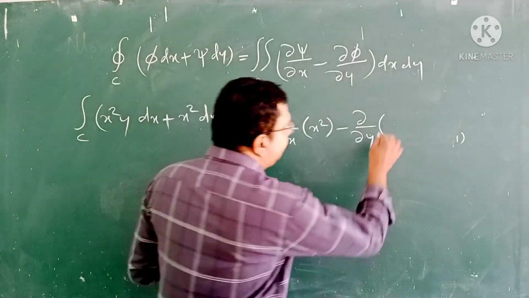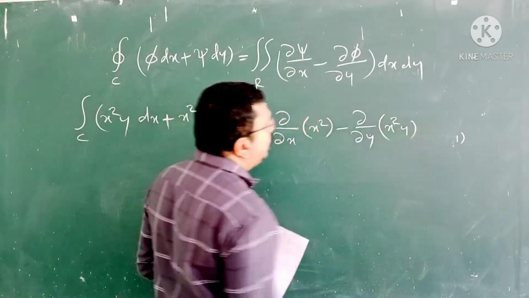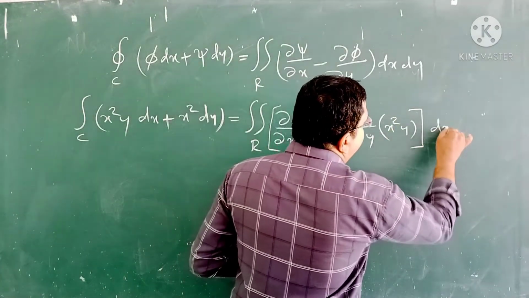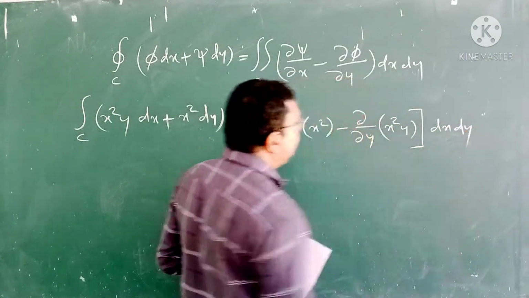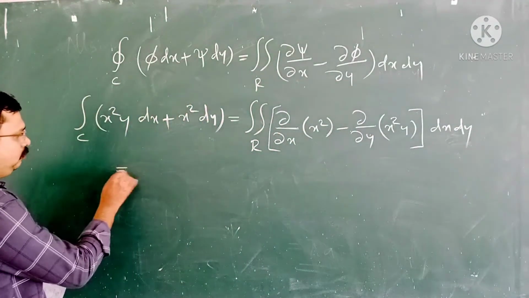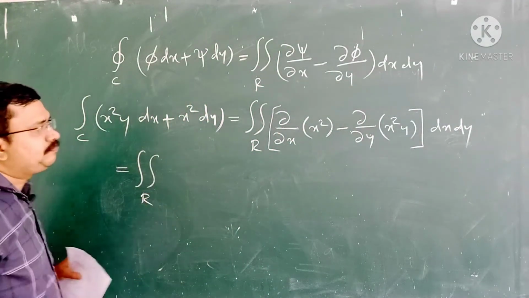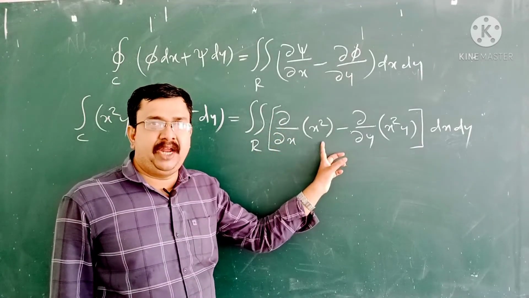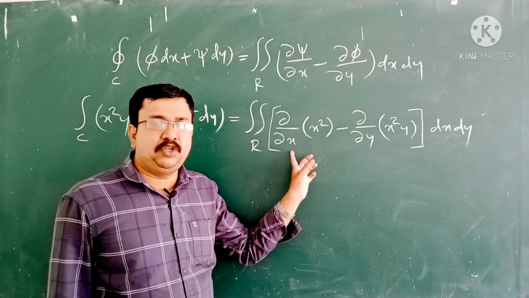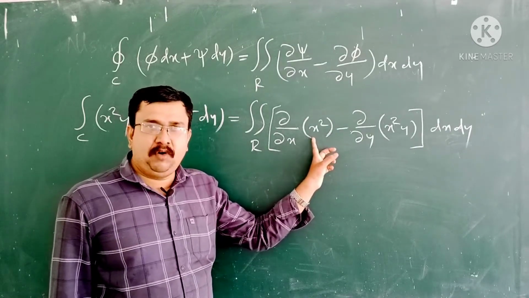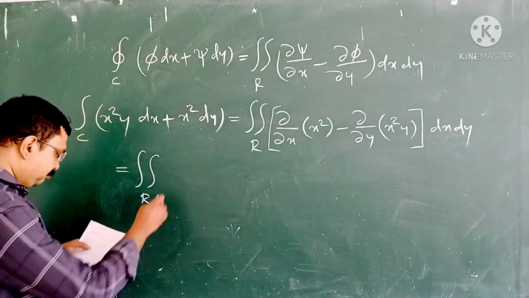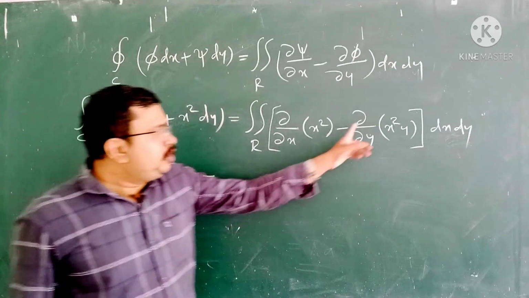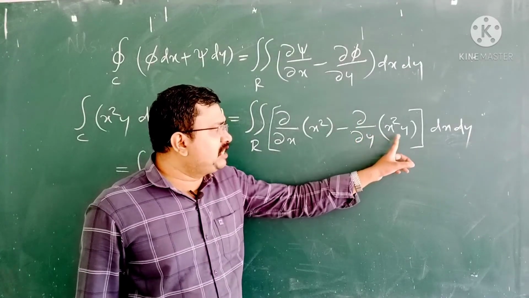X square y. dx dy, which is equal to integral over R dou by dou x of x square. That means you may find out the derivative with respect to x. We know that the derivative of x square is 2x, minus dou by dou y of x square y.